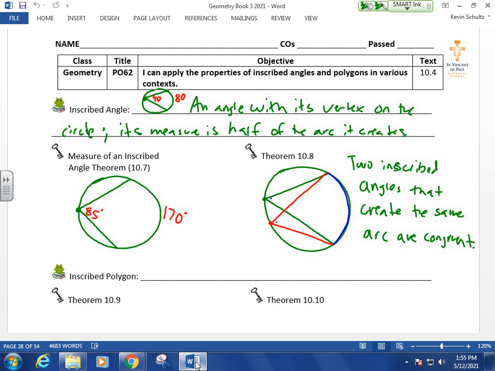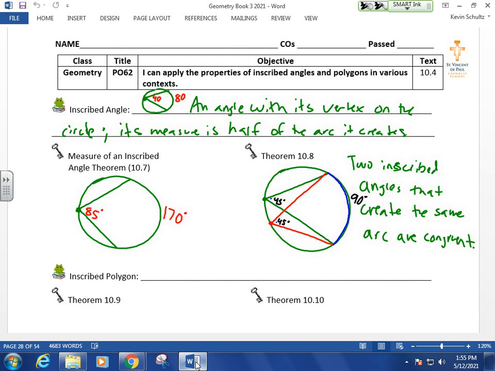Okay, two inscribed angles that create the same arc are congruent. And as Linnea said, also would be half the measure of that arc that they create. So if you're told that this angle looks to be about 45 degrees, then you would know that the other inscribed angle is also 45 degrees because both of them make the same arc, which we would know to be 90 degrees. Okay.